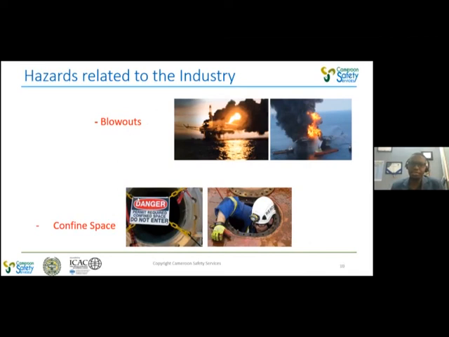So this is also a major hazard, and there have been a lot of reported cases with this confined space, and because of that, there have been elaborate procedures that need to be followed by people who want to access confined space for a job they have to do.